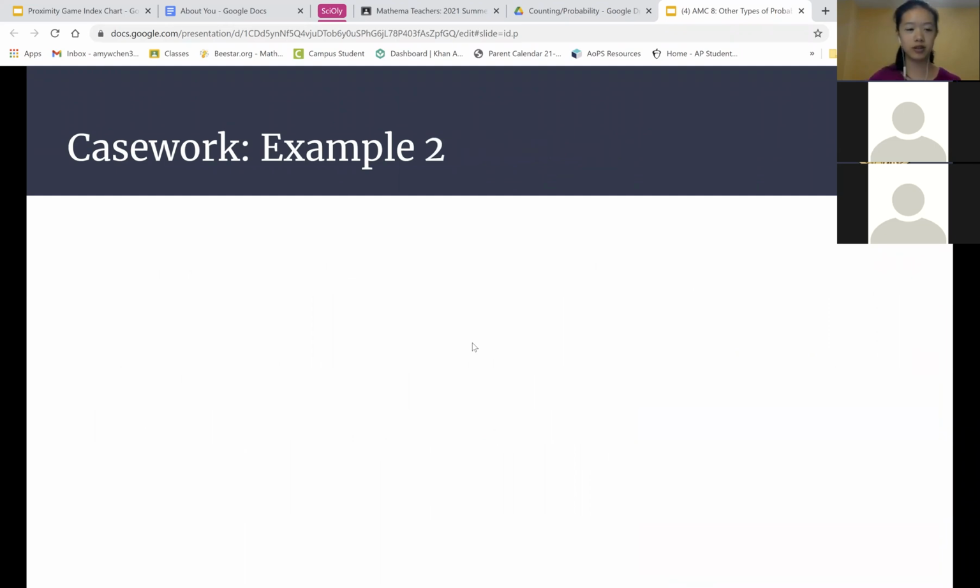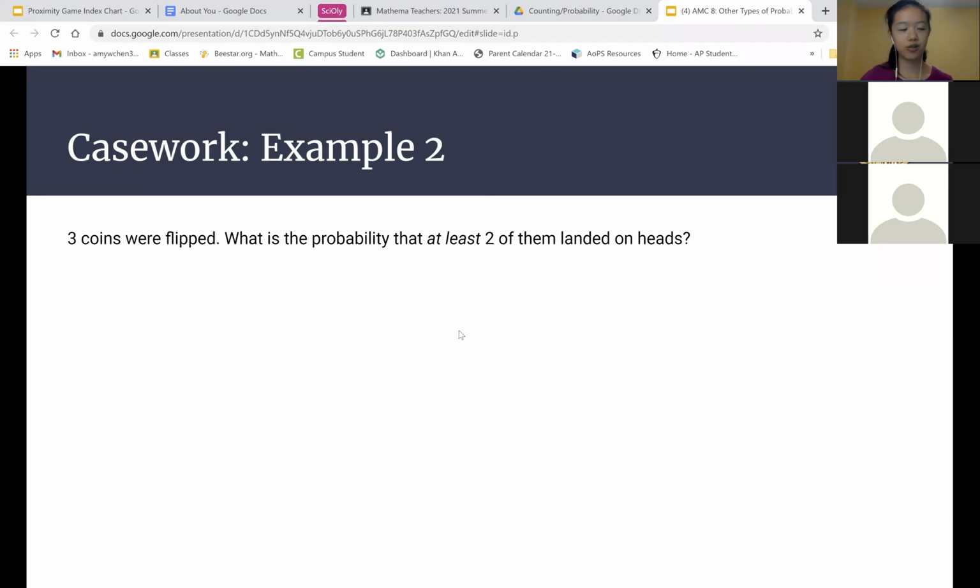So let's do another example. You guys can try to do this one. 3 coins were flipped. What is the probability that at least 2 of them landed on heads? Remember to split it up into the cases first and then do the probabilities for each one.